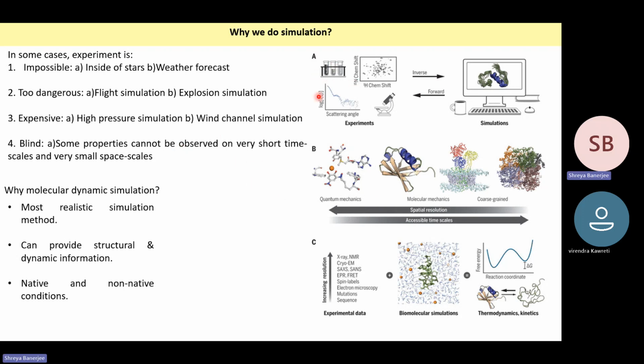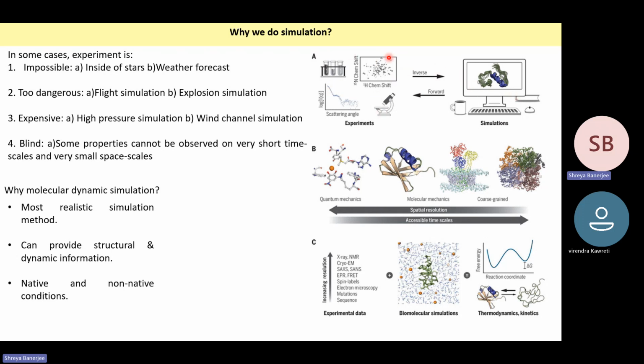So experiments, as you know, we have seen NMR, we have seen scattering angle from X-ray. This is basically showing cryo-electron microscopy. This gives us a set of data. And from simulations also, we get a set of data. They are correlated. So we can get data from both the sources and we can compare them.